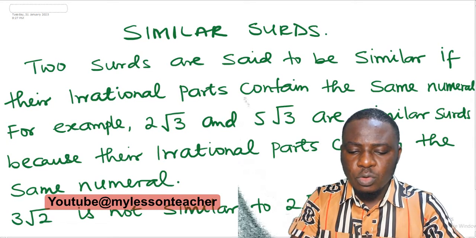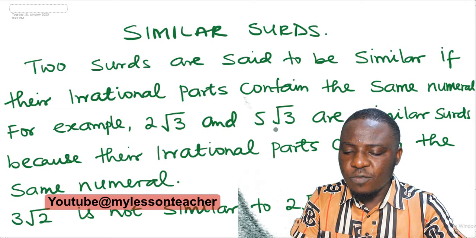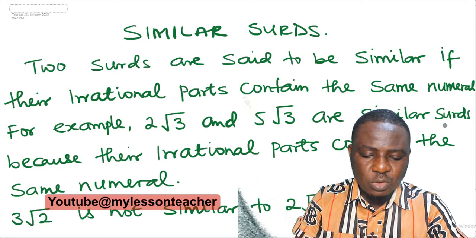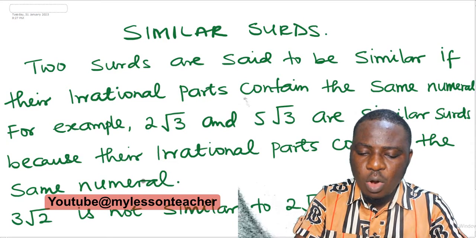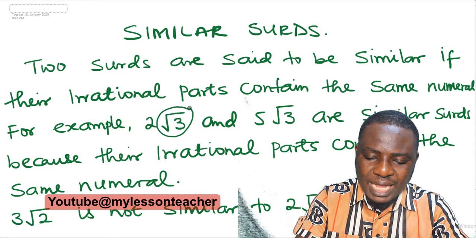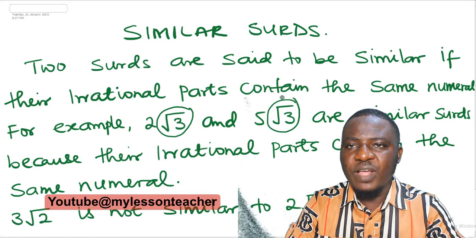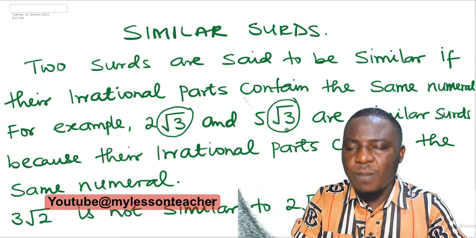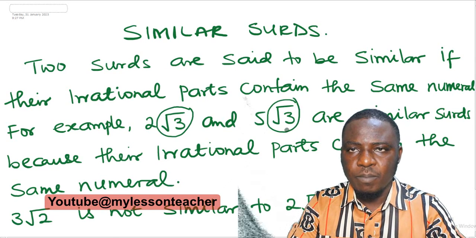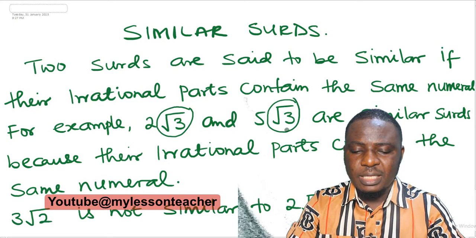For example, 2 root 3 and 5 root 3 are similar surds because their irrational parts contain the same numeral. Where is the irrational part? These are their irrational parts. So you refer to them as similar surds once their irrational parts are the same. By that, you can collect like terms because they are similar.